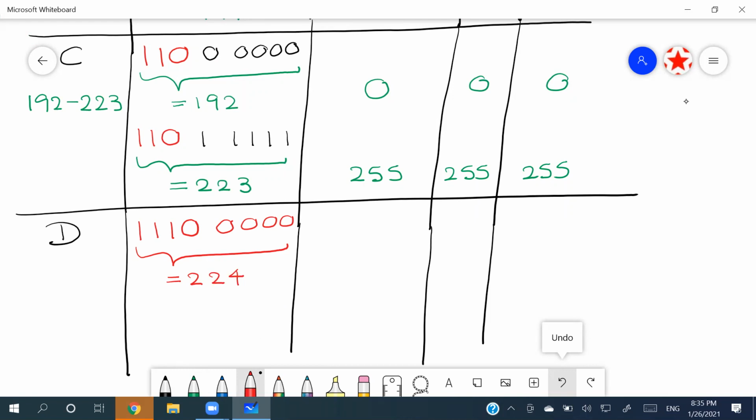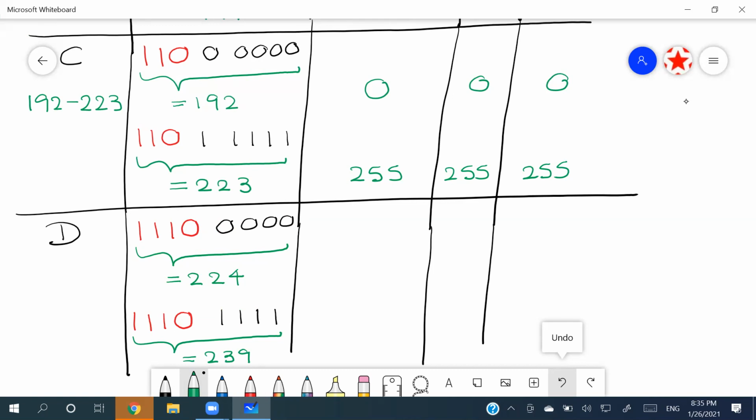And the most value, 1110 is not changed. Then 4 ones are there, which gives you the total as 239.